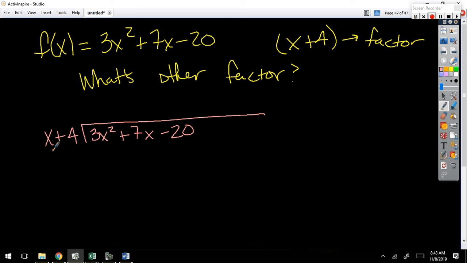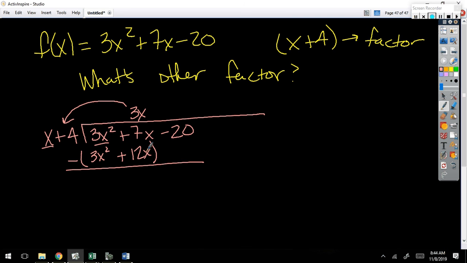What do you multiply x by to get 3x squared? 3x. 3x squared plus 12x. It's 3x minus 5.